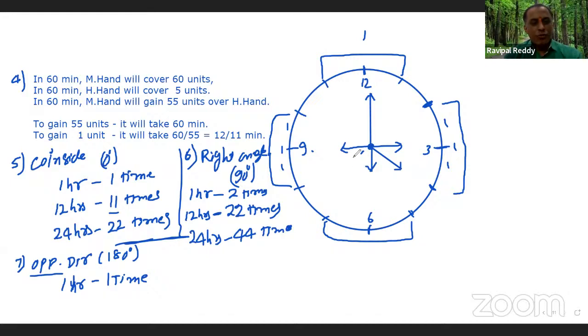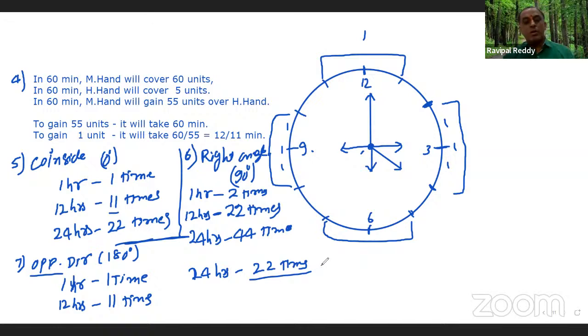Therefore, 1 hour one time, 2 hours two times, but 12 hours only 11 times. 12 hours 11 times. Then in 24 hours, 11 plus 11, 22 times, these two hands will be in opposite direction.